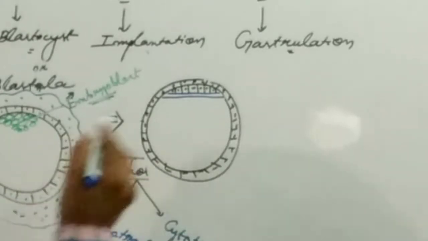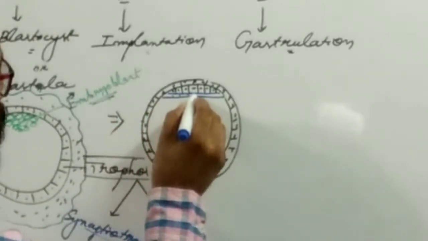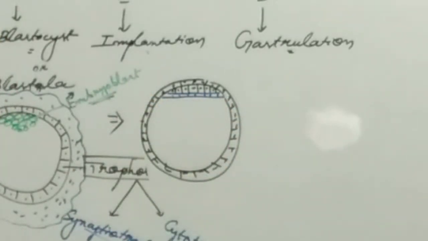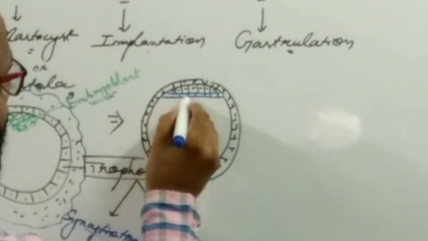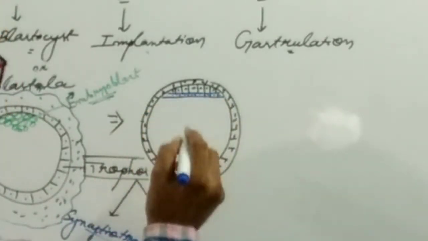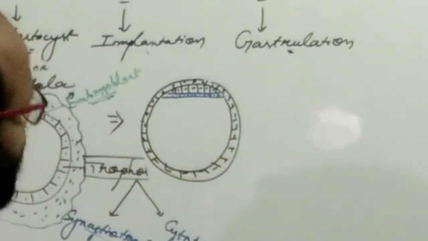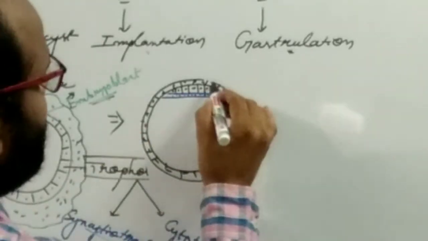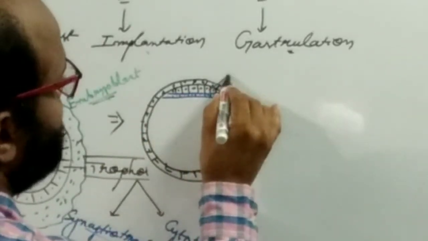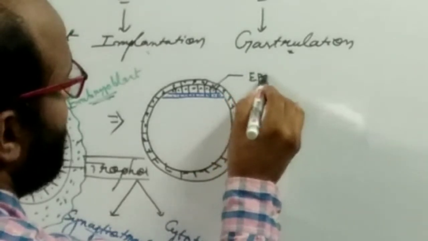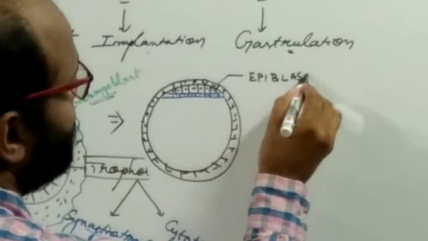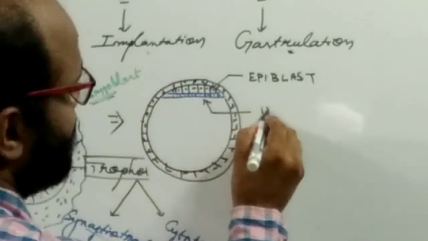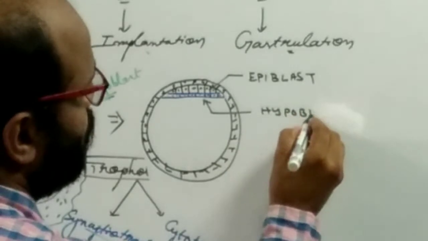The inner layer cells are cuboidal shaped, and these cells are known as the hypoblast. The upper side is the dorsal side and the lower is the ventral side.